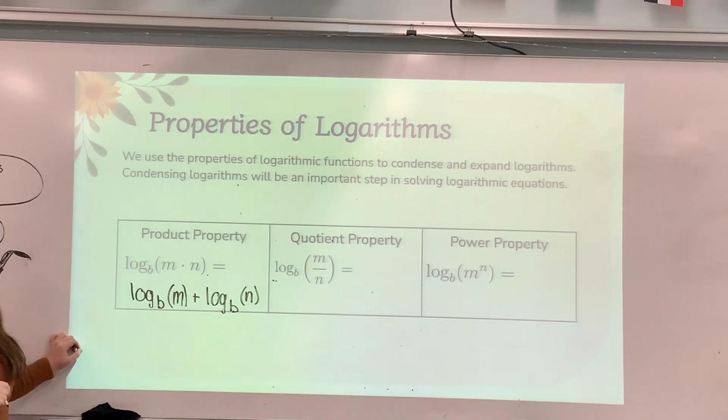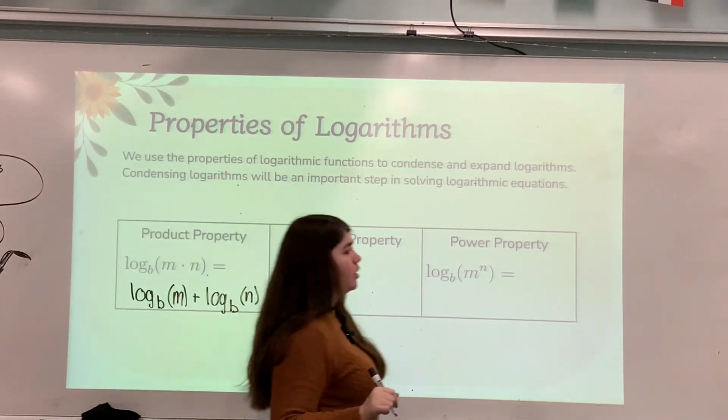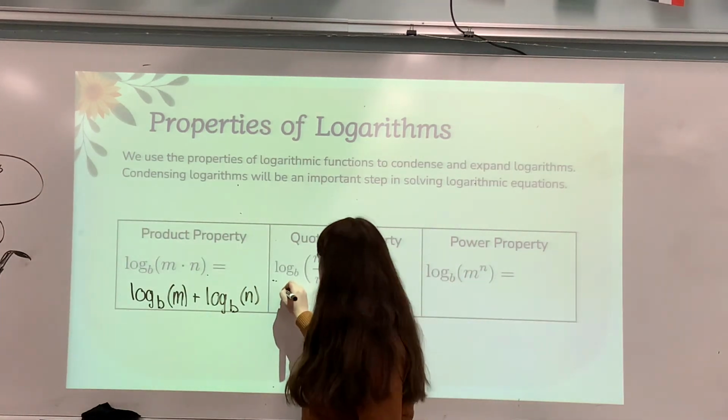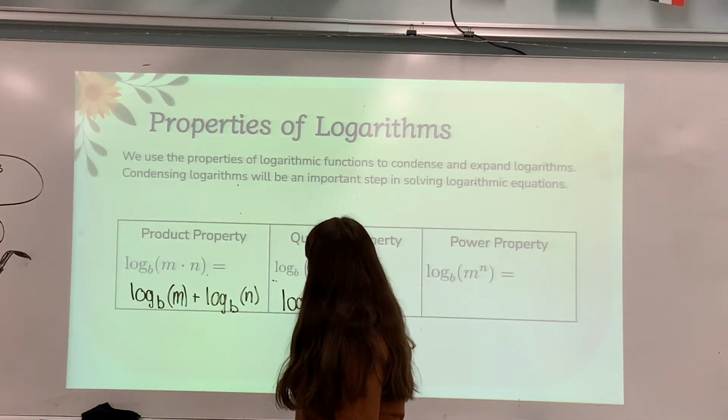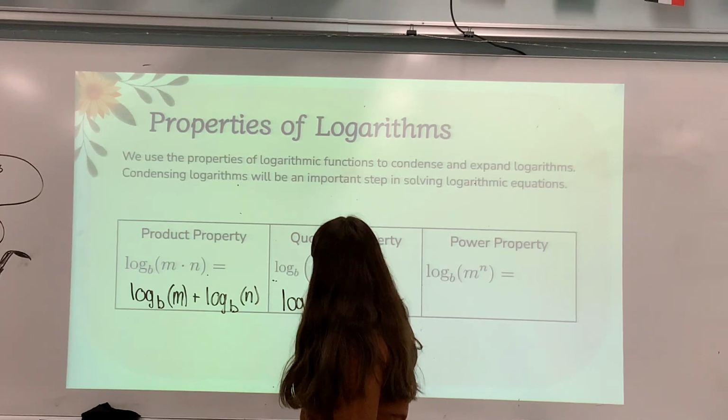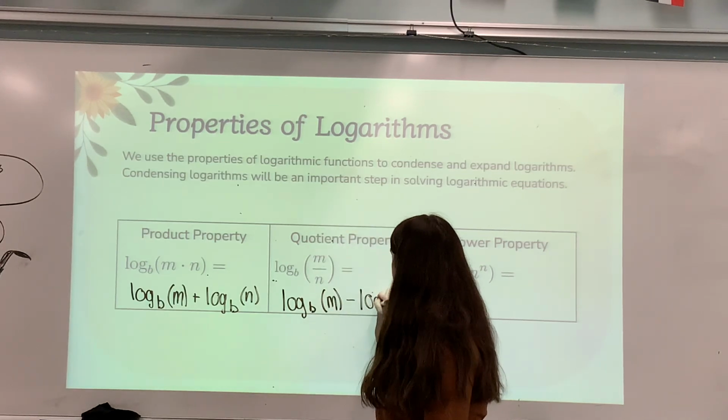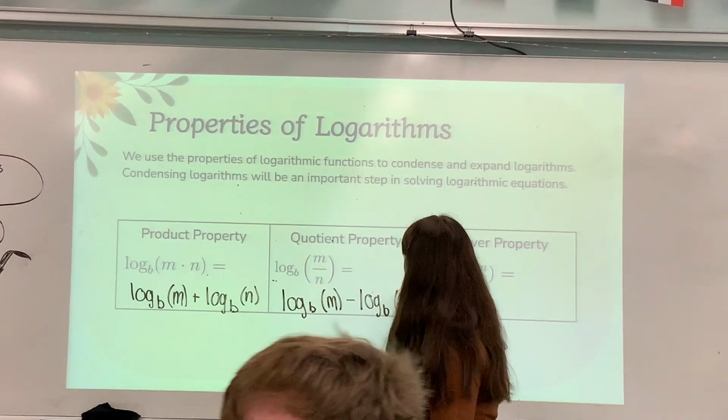So it's just like exponents. When you multiply, you add. And then for the quotient, we subtract: log base b of m minus log base b of n.